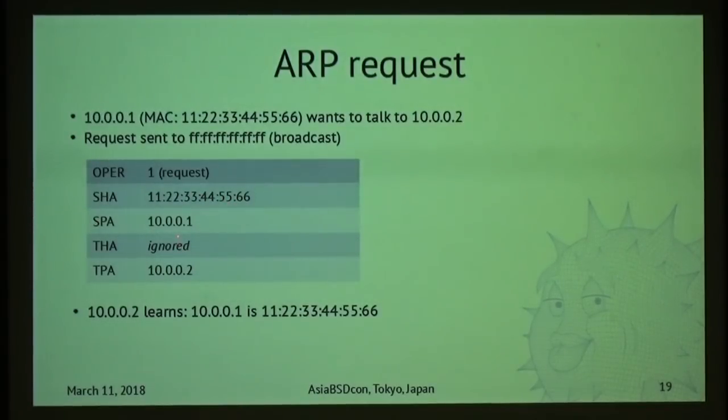The sender protocol address is its own IP address. And the target hardware address is basically random. It's ignored by the receiver. The target protocol address is the one that's requested, 10.0.0.2. From that packet, 10.0.0.2 learns 10.0.0.1 is at that MAC address because it's in the source hardware and source protocol address.